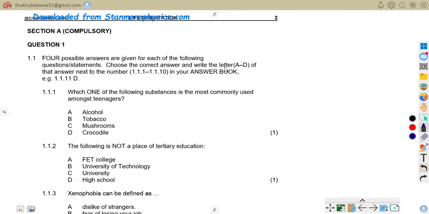Choose the correct answer and write the letter A to D next to the number 1.1.1 to 1.1.10 in your answer book. An example is given: 1.1.11, the answer is D. So now let us get to our business of the day.